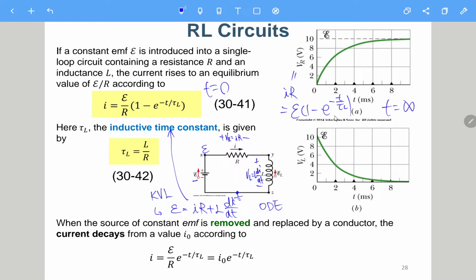And here, this tau L is called the time constant. It determines how fast it will go from the initial state to the steady state. So we usually call this the steady state, in Chinese called 稳态.